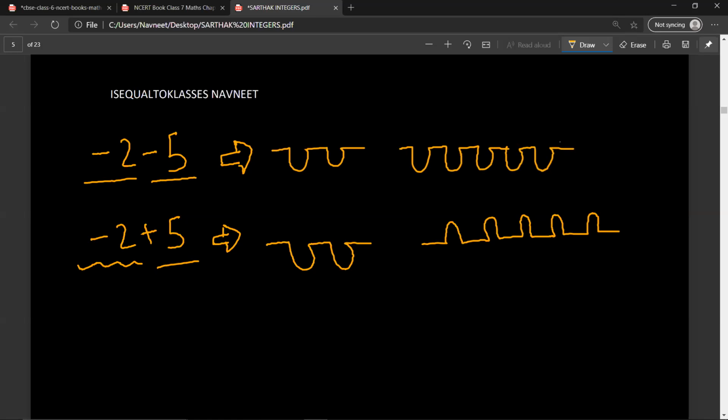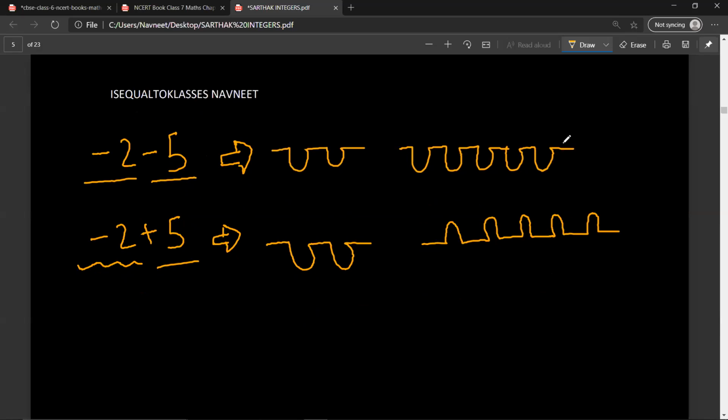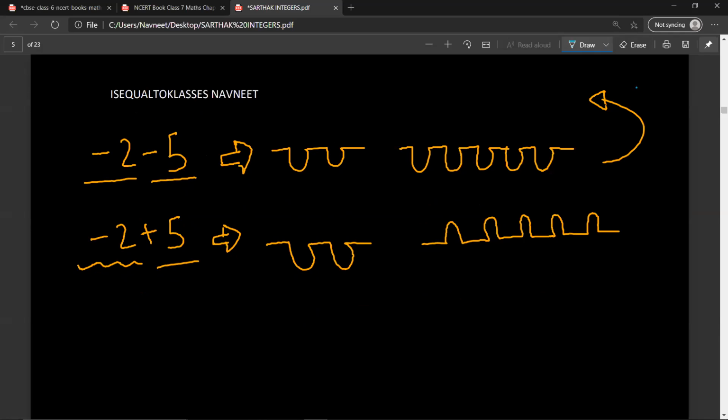I understand your confusion, Mr. Sarthak. Everybody faces that confusion. But all I'm trying to tell you is that whenever you face any confusion, just go back to mountains and valleys. Now, the answer for this would be mountains or valleys? Valleys.